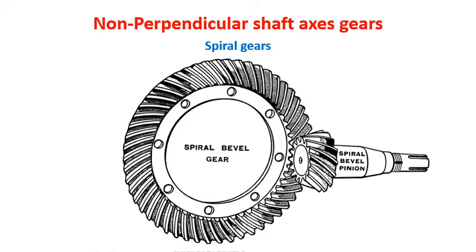When running at high speeds, there is less noise, so that's why it has more application. As compared to spur and helical gears, less space is required. Efficiency of this gear is high. Then what are its limitations? As with other gears, manufacturing is difficult, and they are more expensive than the spur and helical gears.